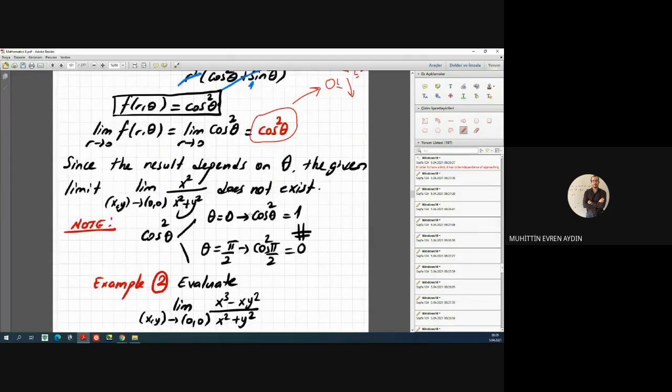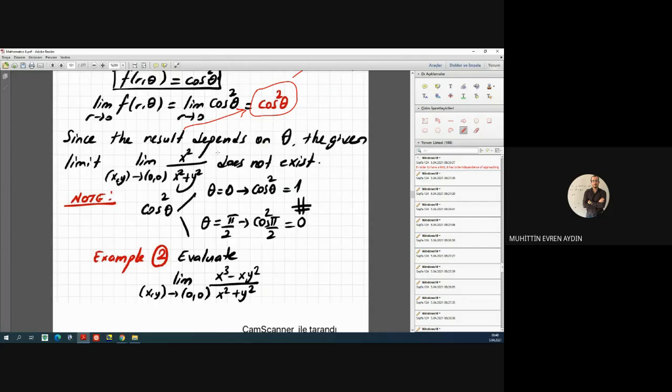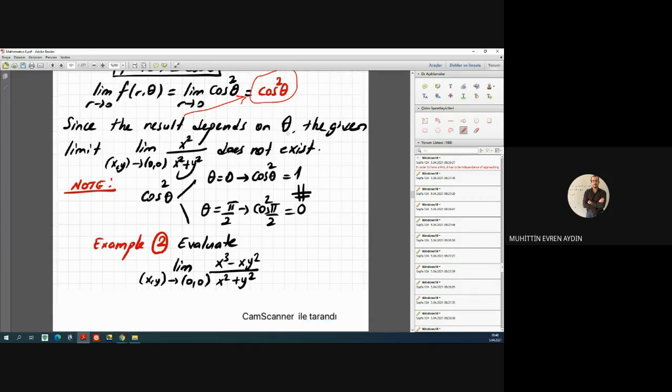So this means that the limit does not exist because the result depends on theta. In order to have a limit, the result has to be a real number, independent of the value of theta.